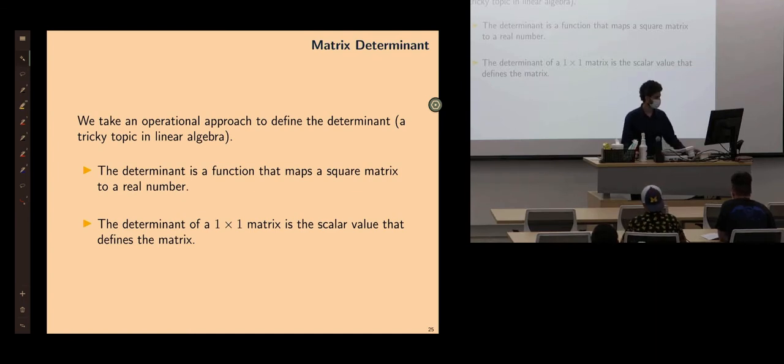The determinant of a 1 by 1 matrix is, not surprisingly, itself, because we're not going to teach you crazy formulas of the determinant yet, although I'm going to show you for 2D and 3D. But for a scalar, it reduces to just the same scalar value. There's nothing else you can do.